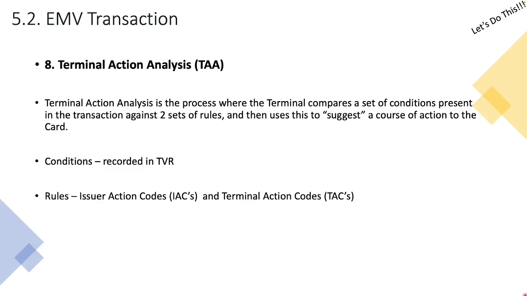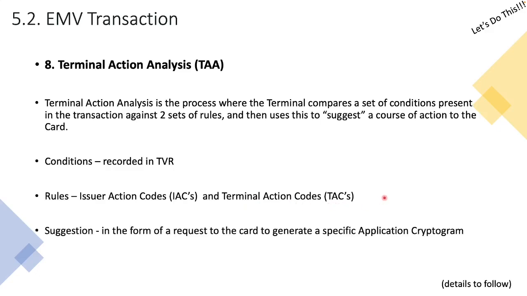And then we will compare these conditions against certain rules. The rules are present in the issuer action codes. Issuer action codes are personalized on the card. The other set of rules are the terminal action codes, and the terminal action codes are personalized on the terminal.